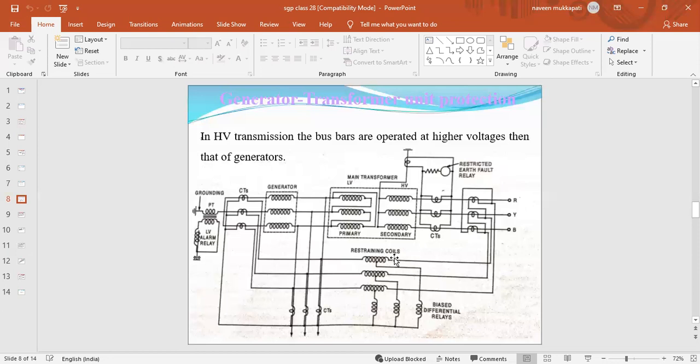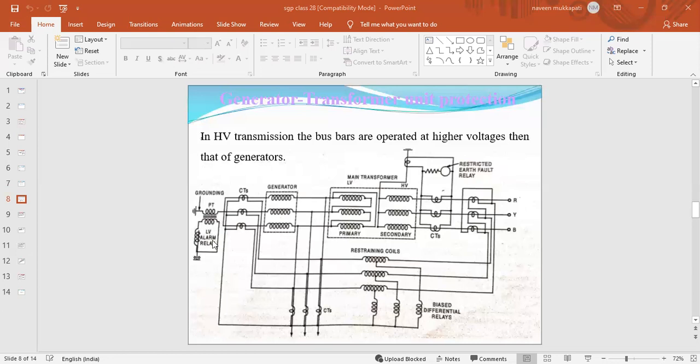In high voltage transmission systems, the bus bars are operated at higher voltages than the generators. This is the main transformer and this is the generator. While giving this protection for both the generator and the transformer, we use one restricted earth fault relay and one differential type of protection.